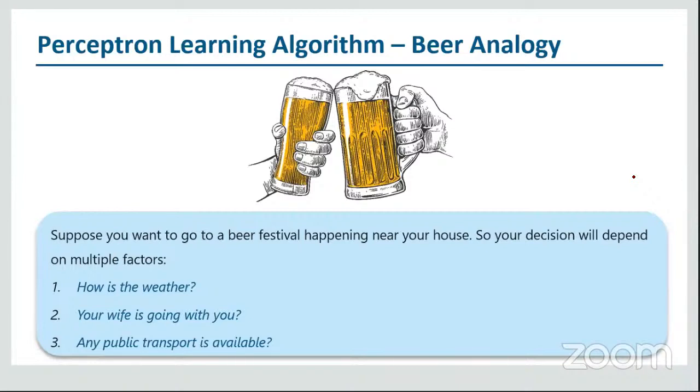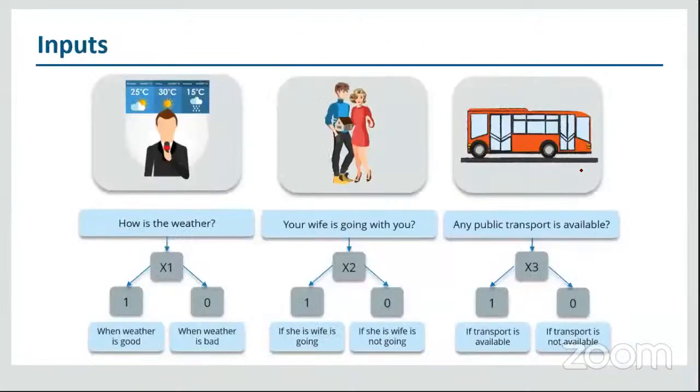The third pointer is whether any public transport is available. If public transport is available, then you have a fact to go, or if it is not available, you have a fact not to go. Now, with these three things, let's see how a neural network will act.